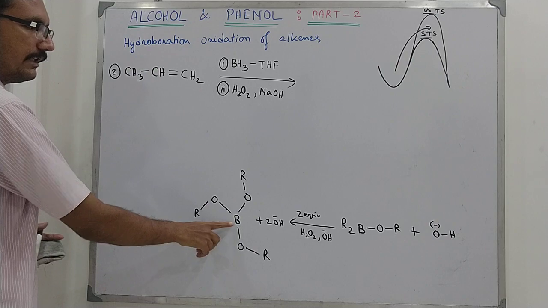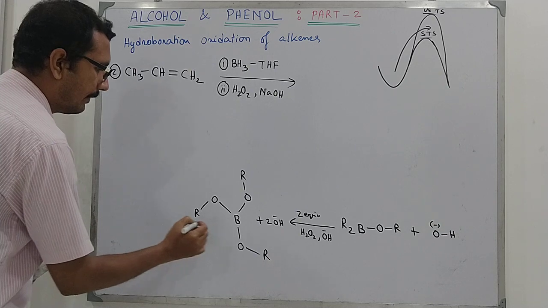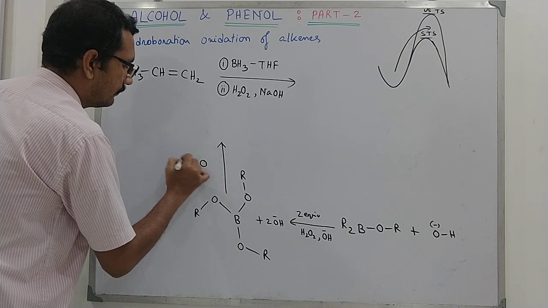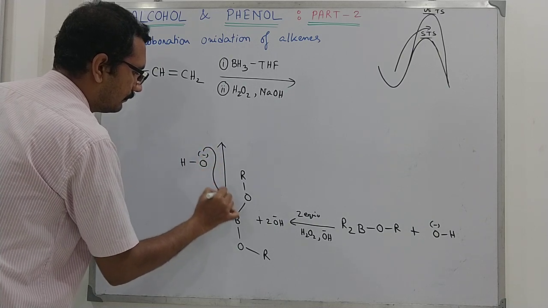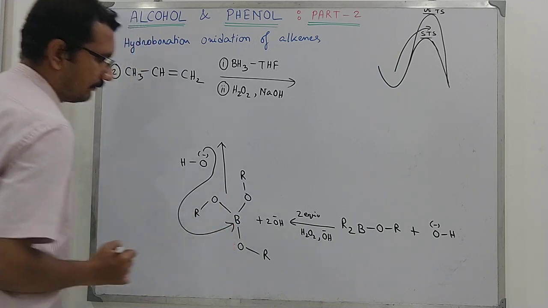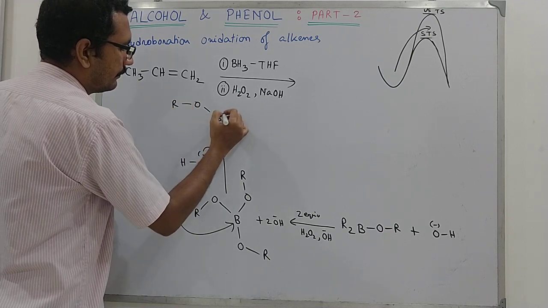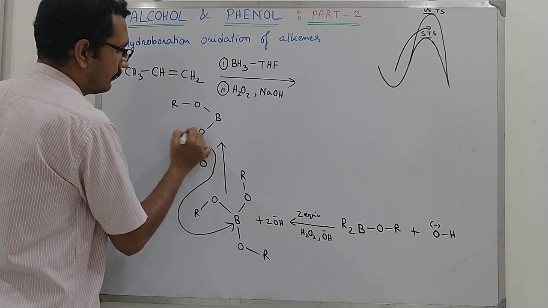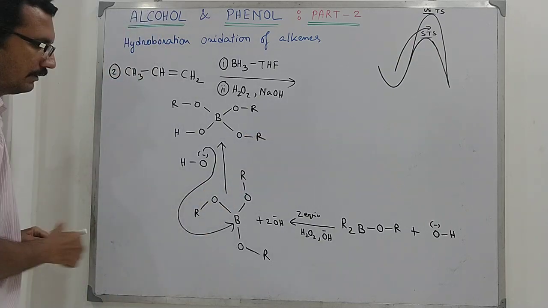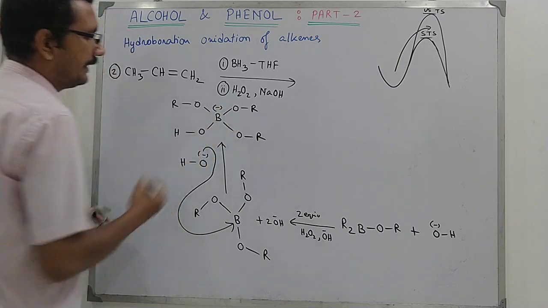Now again it is electron deficient, so this OH minus will attack here. So you have the structure. See, 3 OR groups, OR and OR, and 1 OH group. Now here it will be negative sign.